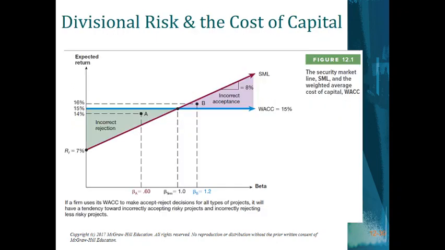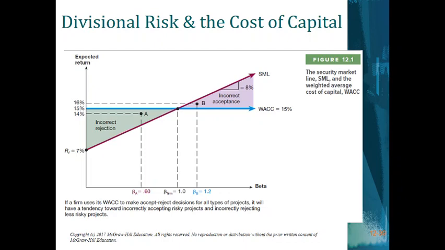So here's what that looks like on a graph. If you use WACC and you don't adjust it for risk, there's the possibility that you can have a risk of incorrect rejection of projects.